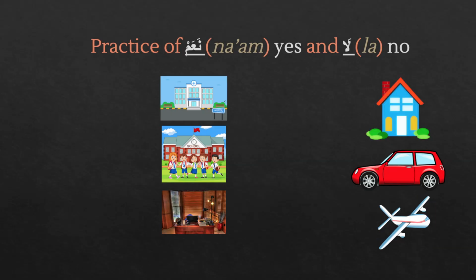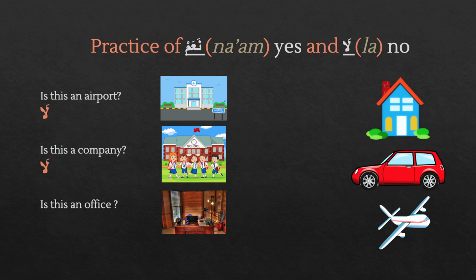For the next slide, let's practice the use of نعم, which is yes, and لا, which is no. Is this an airport? We can see that this is not an airport, so it's لا. لا means no, it's not an airport. Is this a company? لا, this is not a company, it's a school.